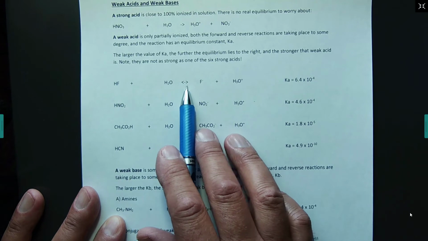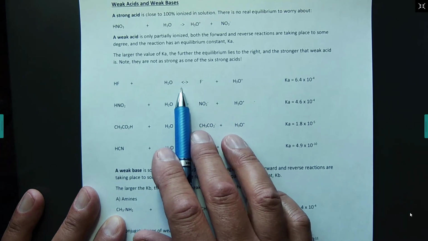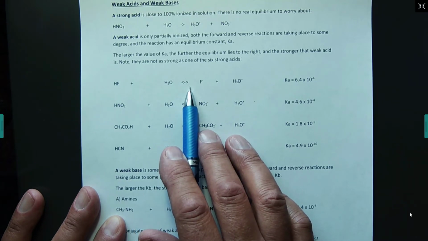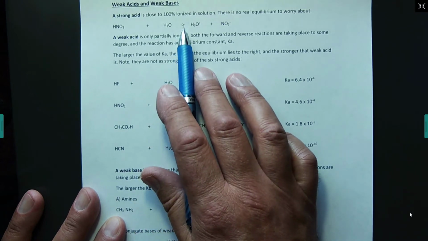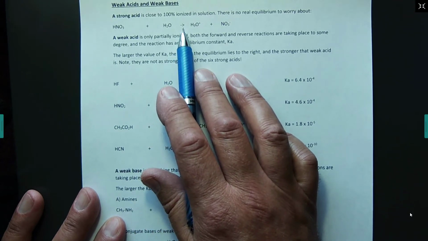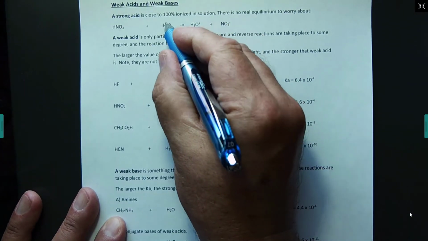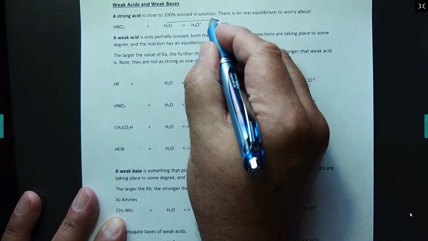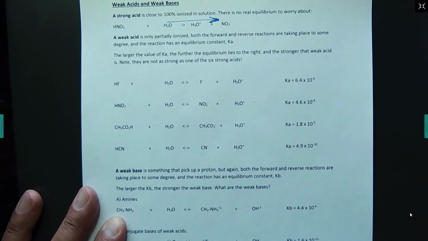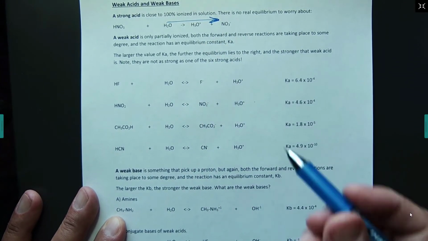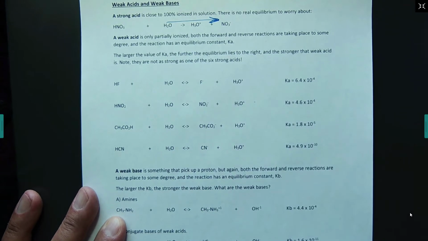It's an equilibrium process. So here, is there equilibrium? A little bit, but we're talking in this reaction, the equilibrium is monstrously favoring the forward. There's virtually no reverse in that strong acid ionization.